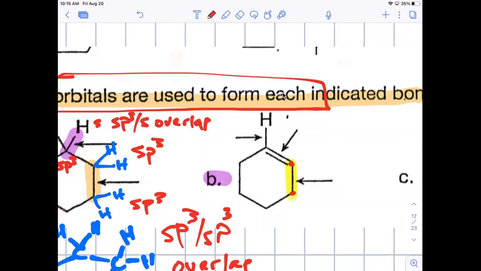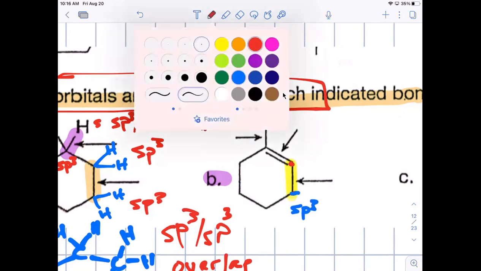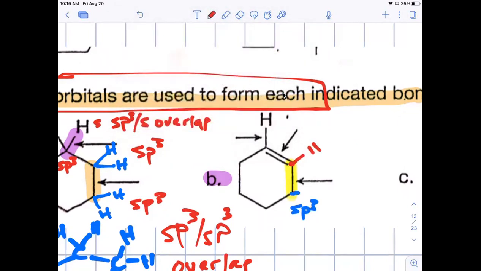What's the hybridization state of the blue carbon at the bottom? sp3. Good, that's sp3. Excellent. What about the top carbon? Now that carbon has a double bond to it. It has a single bond to that sp3 carbon. And then what's not shown on that carbon is that there is a hydrogen here.